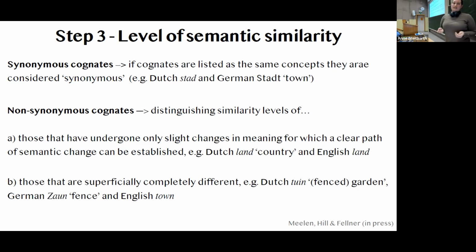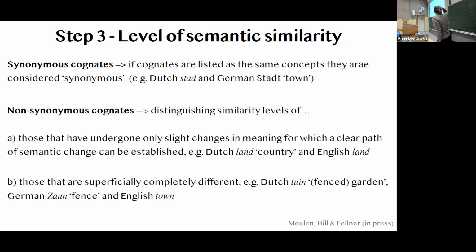Now, very often that's not the case, and they have undergone slight changes. So if you look at Dutch land, for instance, that actually means country in English. And land in English is not exactly the same as country. So it's similar, but it's not exactly the same thing. And sometimes you find that they're superficially completely different.